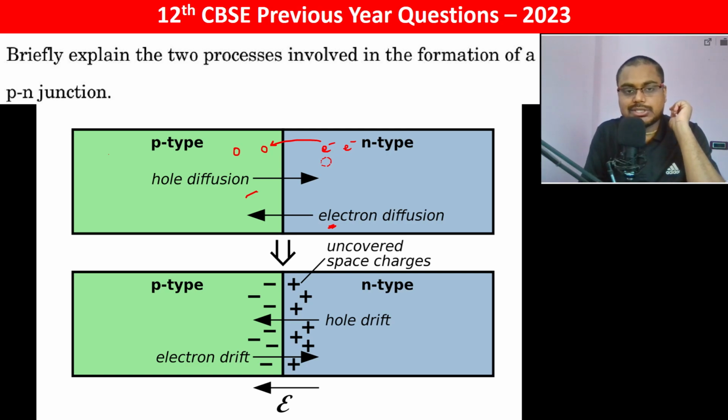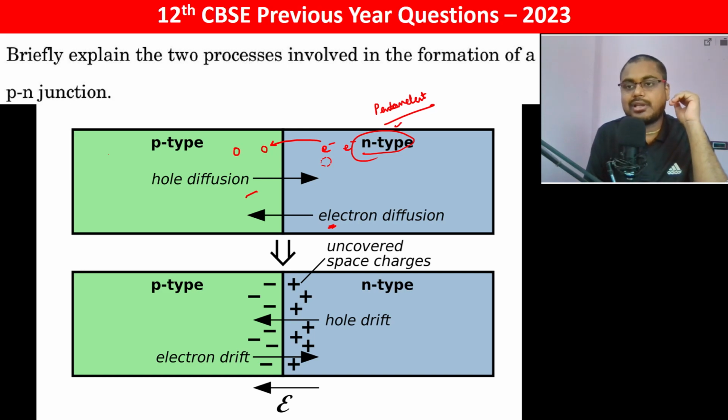But now, in the n type there are pentavalent atoms, so they have 5 electrons in their outer shell. 4 electrons are making bonds, but one electron is free, so that electron moves here.